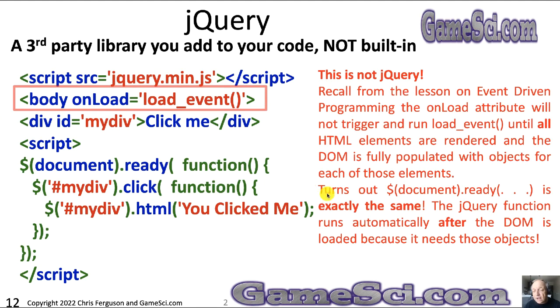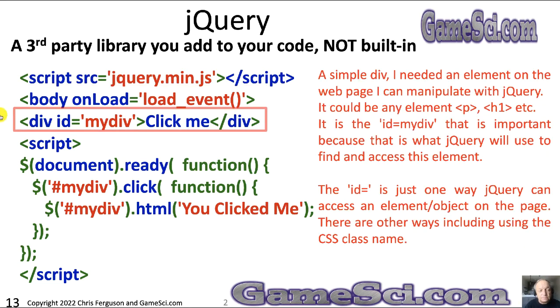It turns out $document.ready is exactly the same thing. The jQuery function runs automatically after the DOM is loaded because it needs those objects. So this line of code here and this line of code here are going to be very, very similar in what they do. Wait till the page is fully loaded and then execute this method or execute this function.